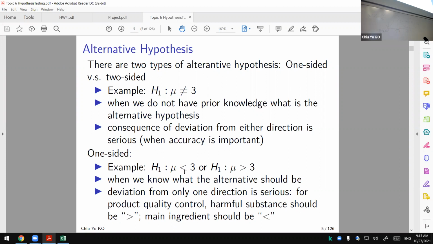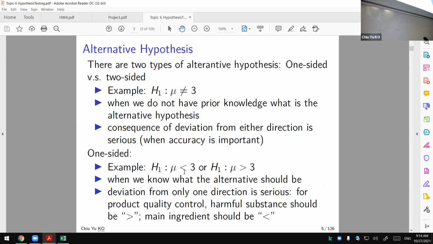So how to determine the alternative hypothesis depends on what the purpose is. And of course, if you don't have anything special, it is two-sided, right? Both ways you jump up. But if you have some special reason, you would only focus on one way or the other, depending on the application.